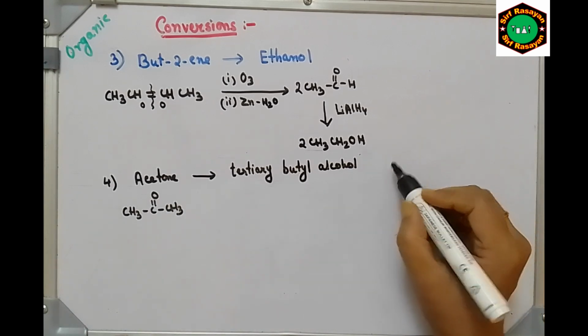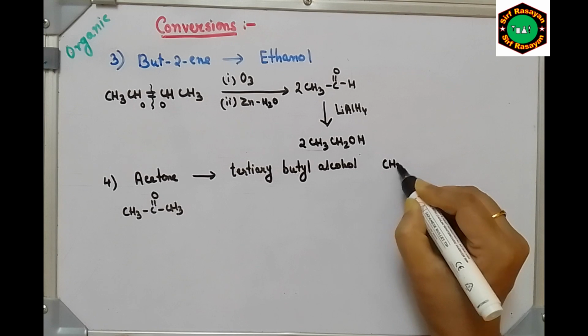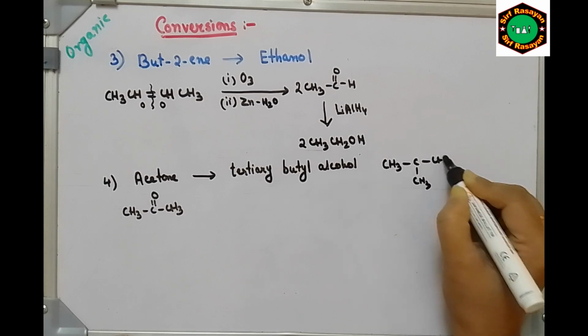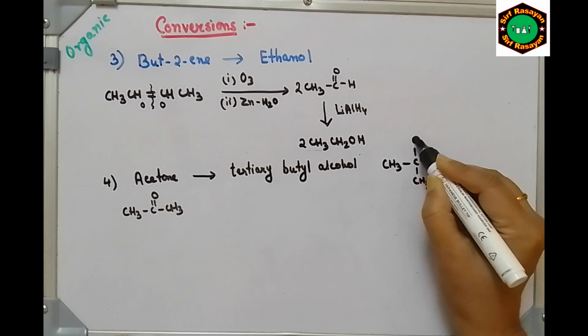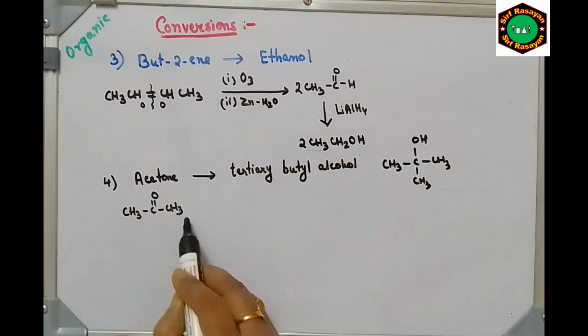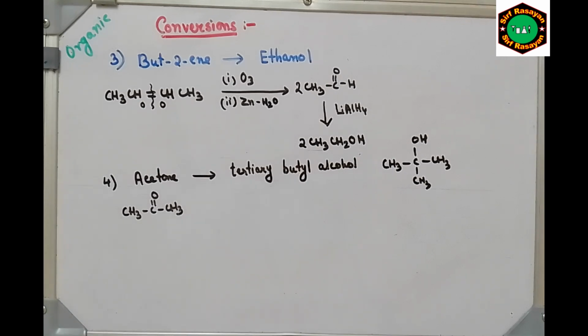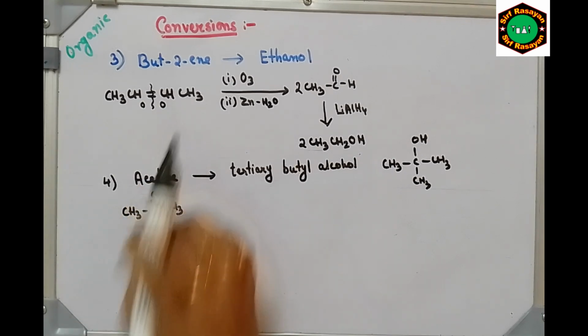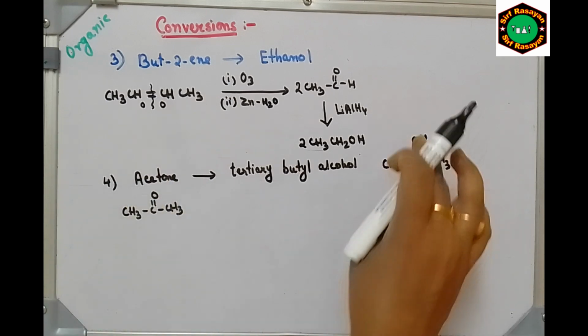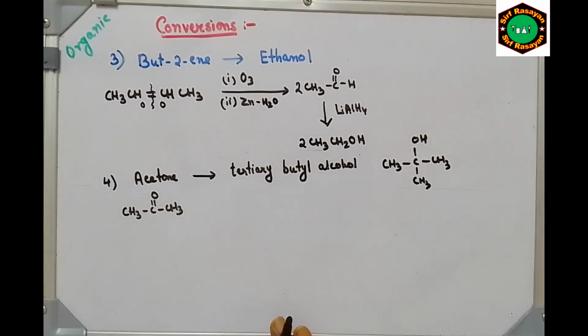T-butanol means this one, CH3 C CH3 with CH3 and OH. So see, here and here the same portion is there. So here something is added. If you add Grignard reagent, you will get this one after hydrolysis.